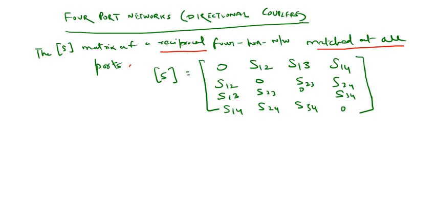So what we have considered is that if it is lossless and matched at all the ports, then this is the scattering matrix.